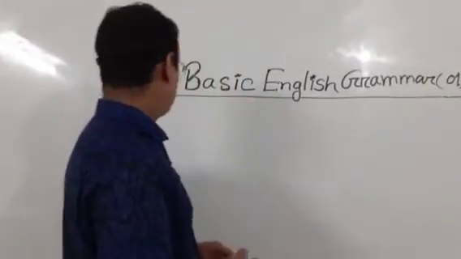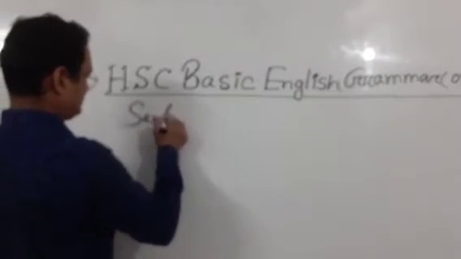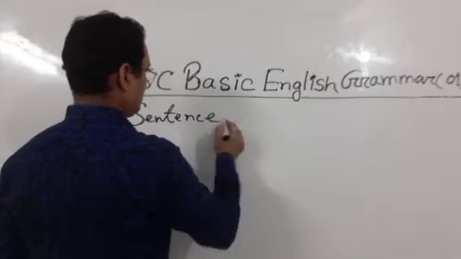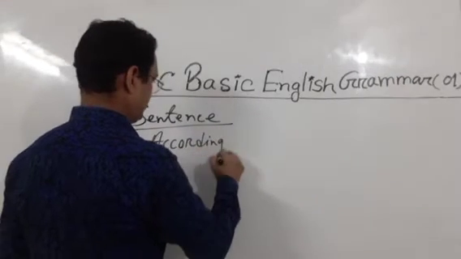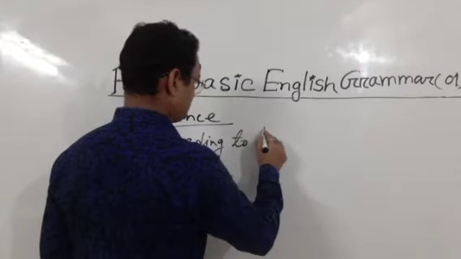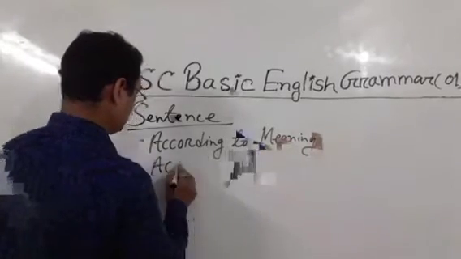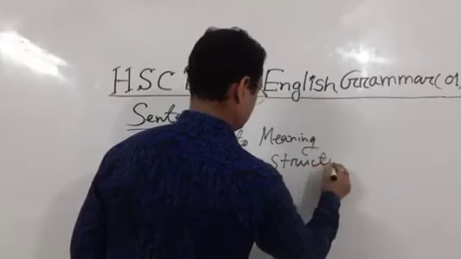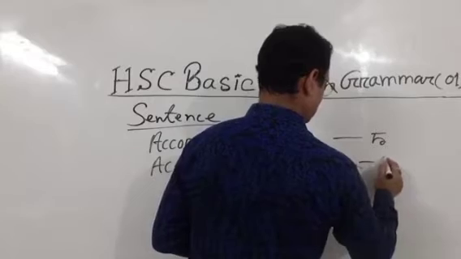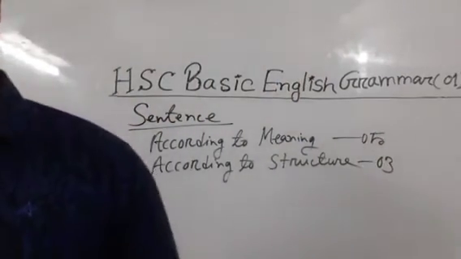Sentences are of two kinds: first, according to meaning, and second, according to structure. According to meaning, there are 5 kinds of sentence, and according to structure, there are 3 kinds of sentence. How are they? I will tell you.